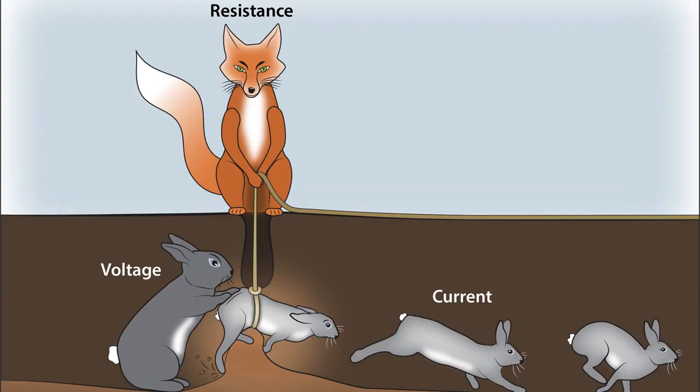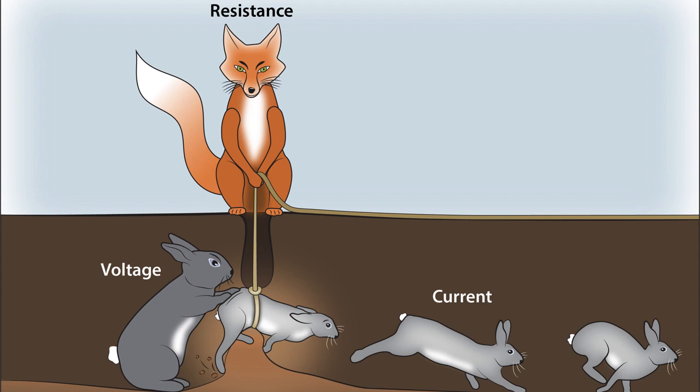Let me make it a little bit easier. So here is a foxhole. The mother rabbit is trying to help the baby rabbits run away from the fox, and it is pushing.